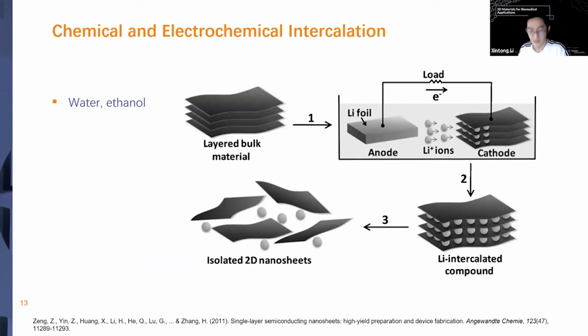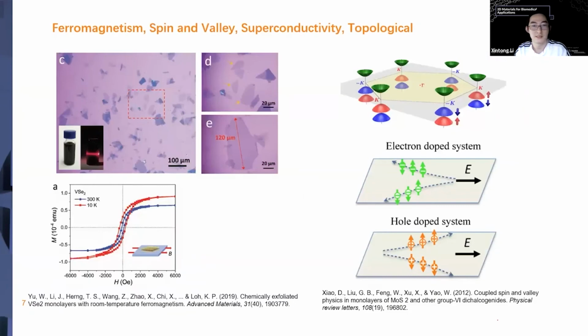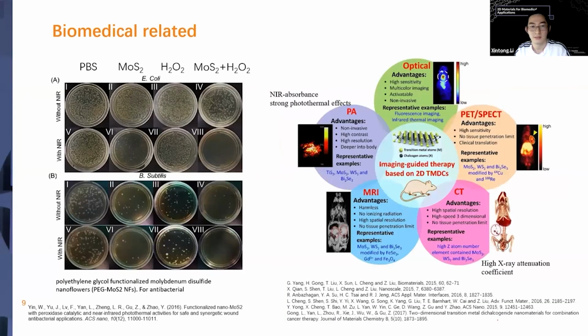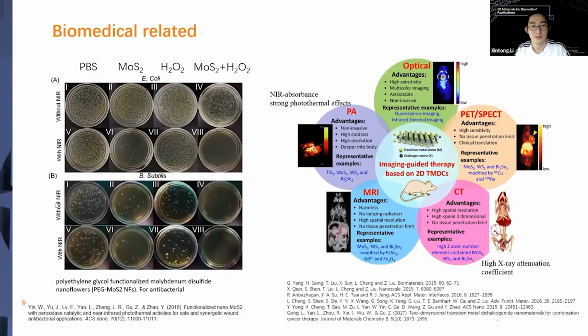Thank you. And just a small query: you showed polyethylene glycol MoS2, a functionalized MoS2, at some point. Is it chemically exfoliated or CVD? How did you prepare this MoS2? Is it mechanical or CVD? Yeah, the functionalized MoS2, yes.